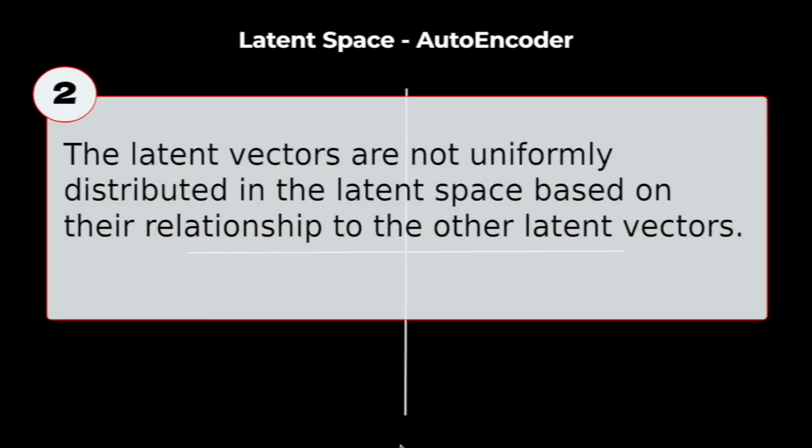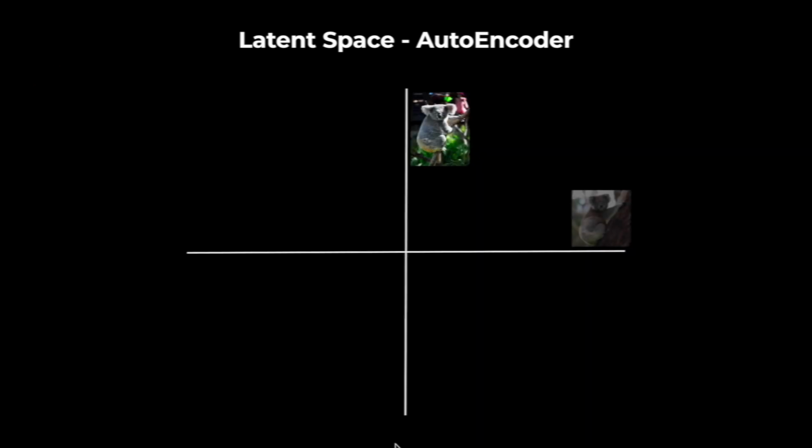The second problem is also related to the previous one. Because the latent vectors are not uniformly distributed, it causes the distribution to be not centered in the latent space. So the latent vectors of the input data, such as images, are scattered everywhere and anywhere.